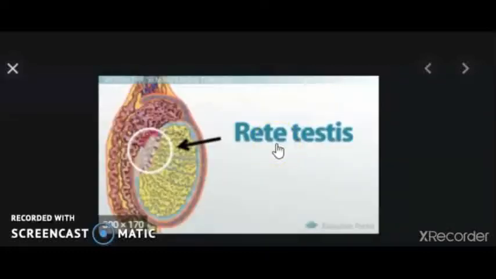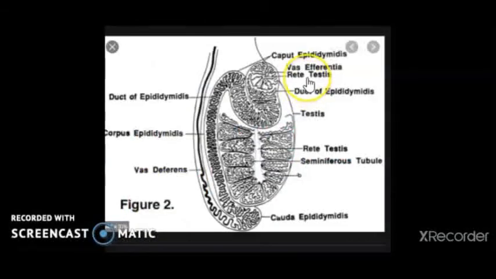All the seminiferous tubules of the testes at the posterior surface form a network of tubules. This network of tubules is called the rete testis. 12 to 20 fine tubules arising from the rete testis are called vasa efferentia.